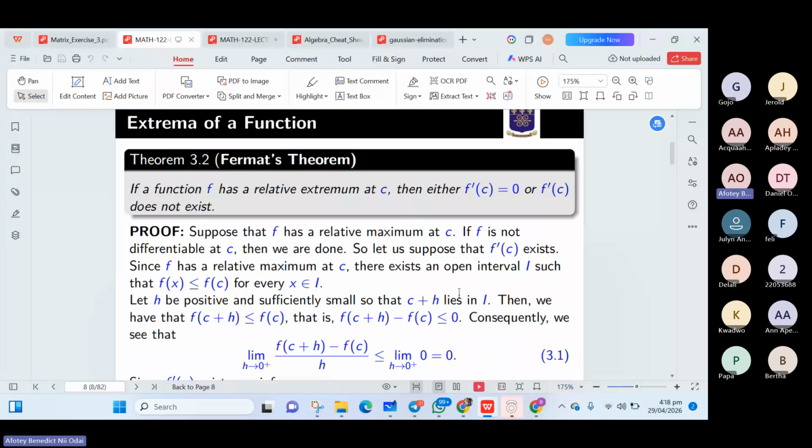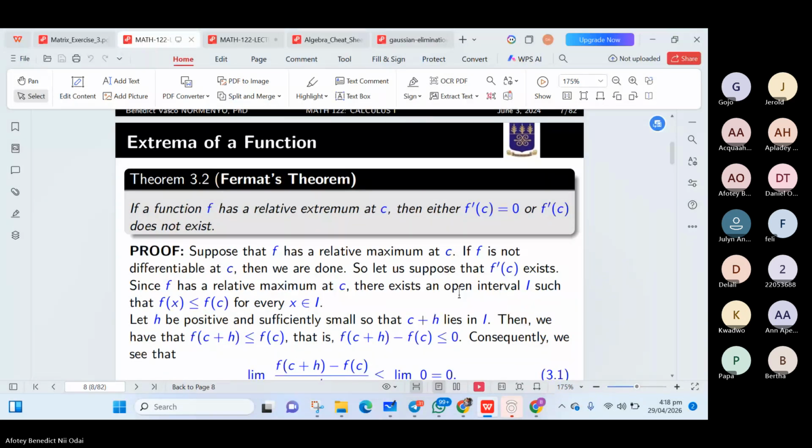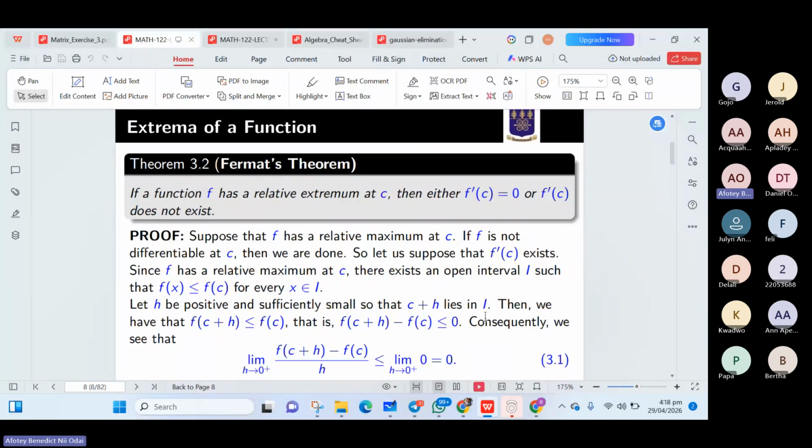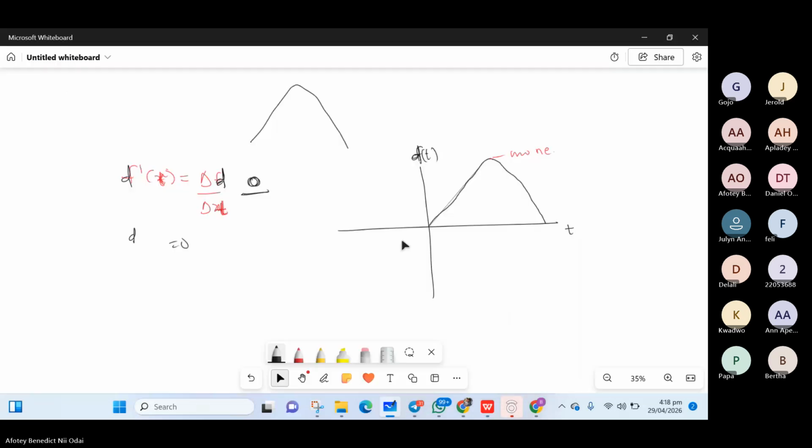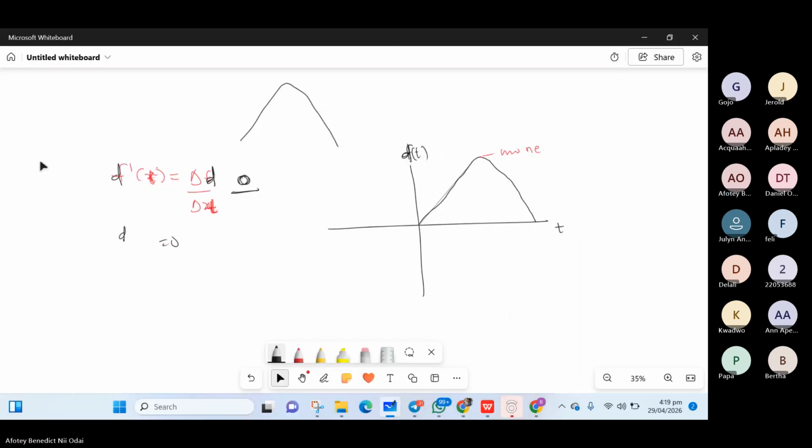Okay, let's proceed. On Fermat's theorem, again, the ball goes up, it reaches a point where it stops. The time is still moving, but the distance is not being covered.